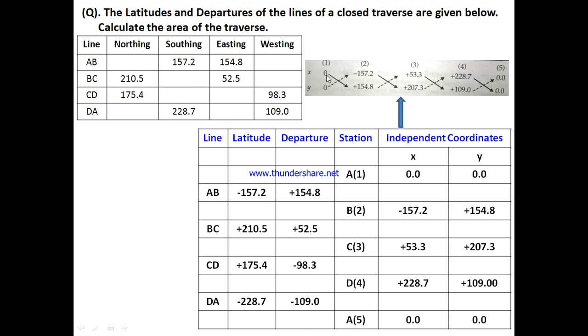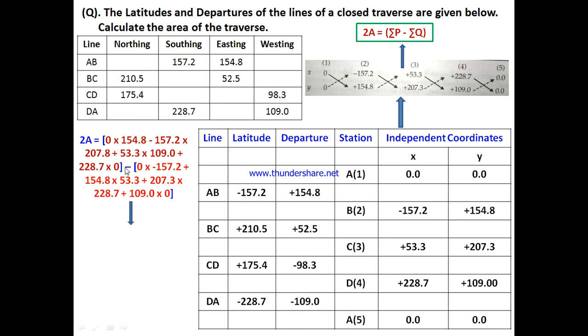Summation P will be equal to 0 into 154.8, minus 157.2 into 207.3, plus 53.3 into 109.0, plus 228.7 into 0.0. So here we can calculate summation of P.